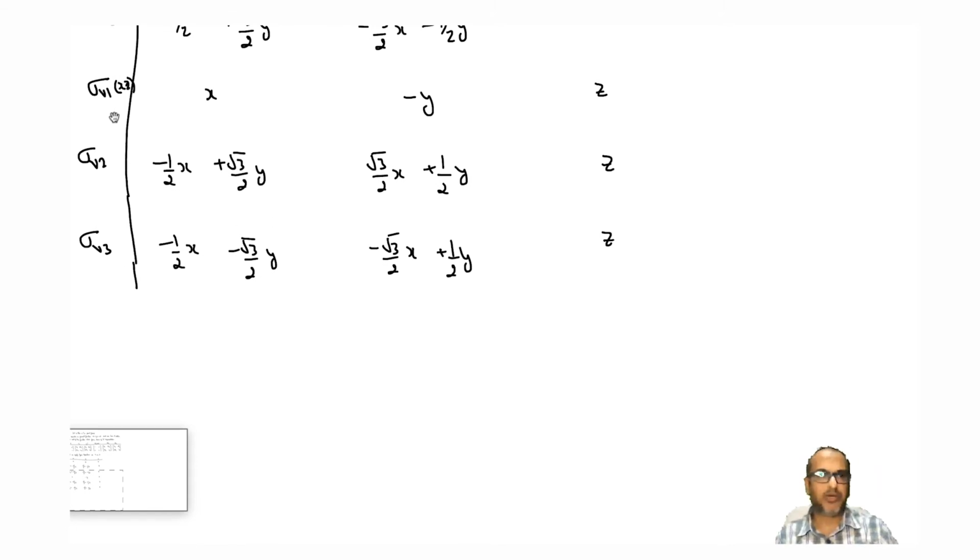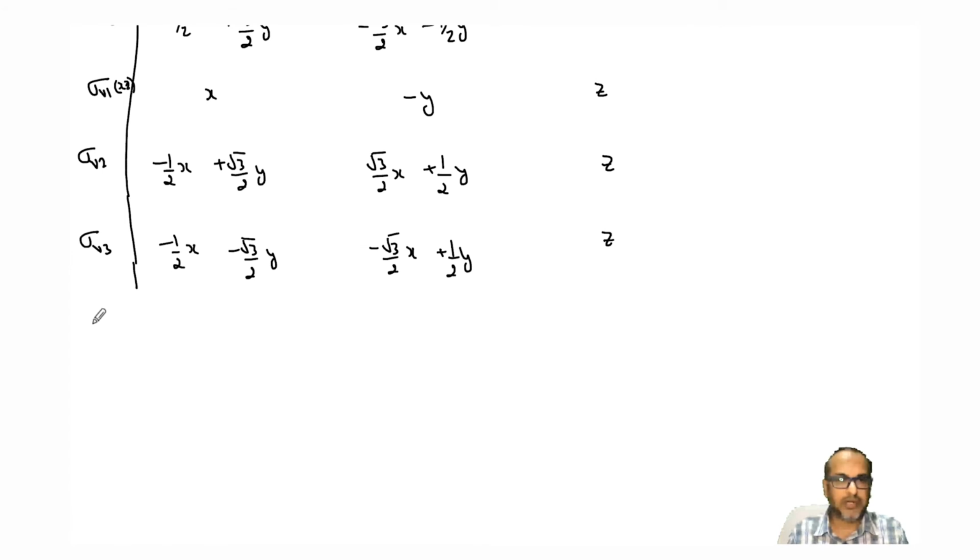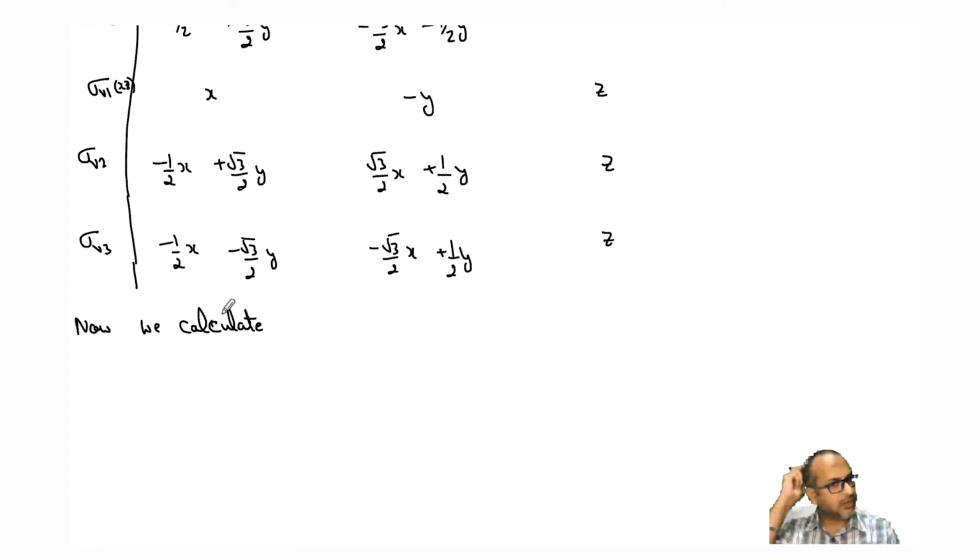So we now know what happens to each and every function upon these operations. Now we calculate the effect of these operators onto the given function. Here we are calculating the projection out of the given function which will have the symmetry, or which will form the basis for the E representation. That's why we have taken the E representation matrix.